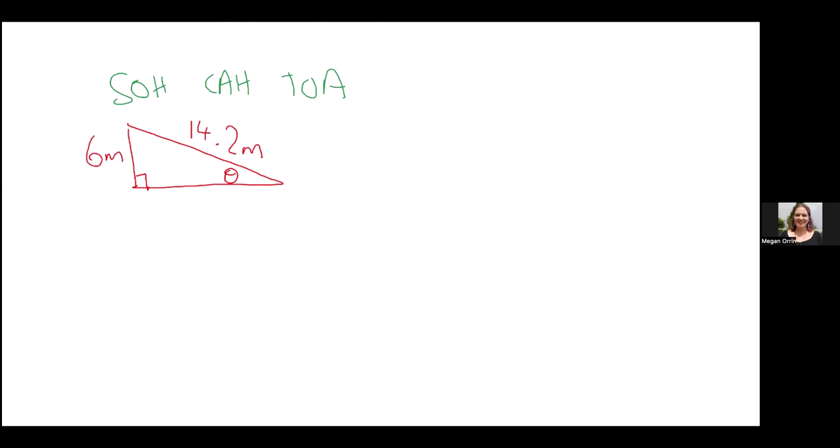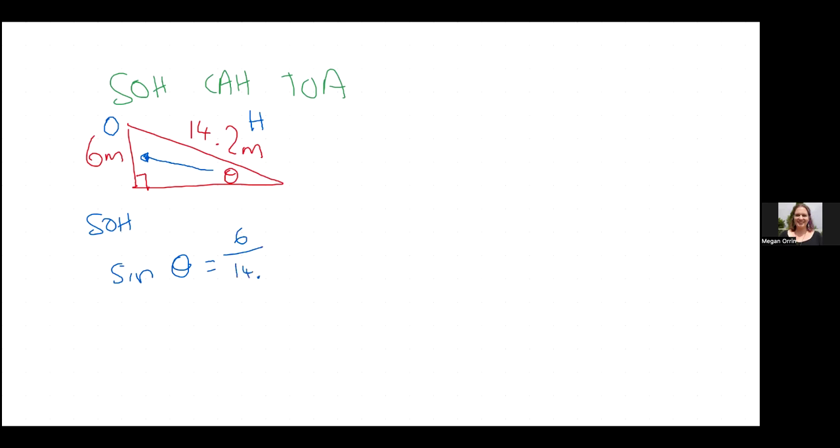What side is 6? The opposite, because this is opposite my marked angle. What side is this? The hypotenuse. So what am I using? I'm using the sine equation. This is O and H. So sine of my angle is my opposite over my hypotenuse.